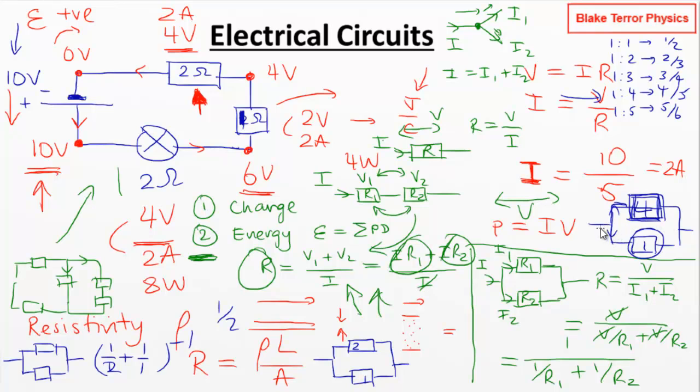You're widening the path to some extent. So when you're putting these resistors in parallel, you're reducing the overall resistance. If you're putting them in series, you're just increasing the overall resistance because you force them through one thing, and now you've got to force them through another one. It's even more obstruction to the flow of current.